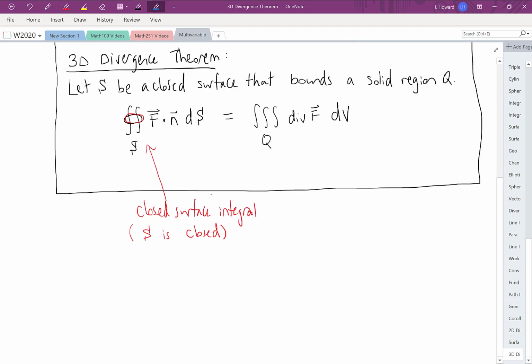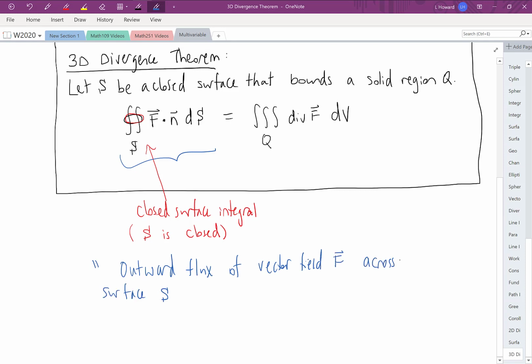So let's see if we can put this 3D divergence theorem into words. If we look at the left side here, this is the flux. And we know that for closed surfaces, by default, the flux is considered to be outward unless otherwise specified. So let's say this is the outward flux of vector field F across a surface S. Might be good to emphasize that we use the 3D divergence theorem just for closed surfaces.